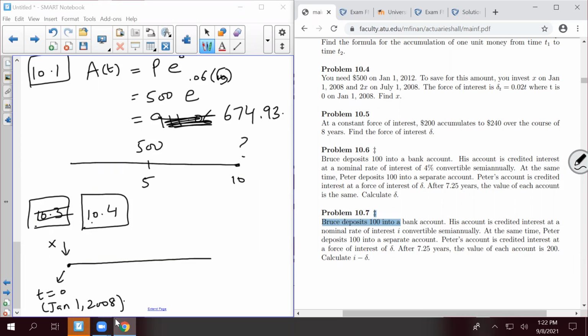July is the 7th month, but July 1 means you've just finished June 30, which means you've just finished half a year. So 2X comes in at t equal to 0.5.